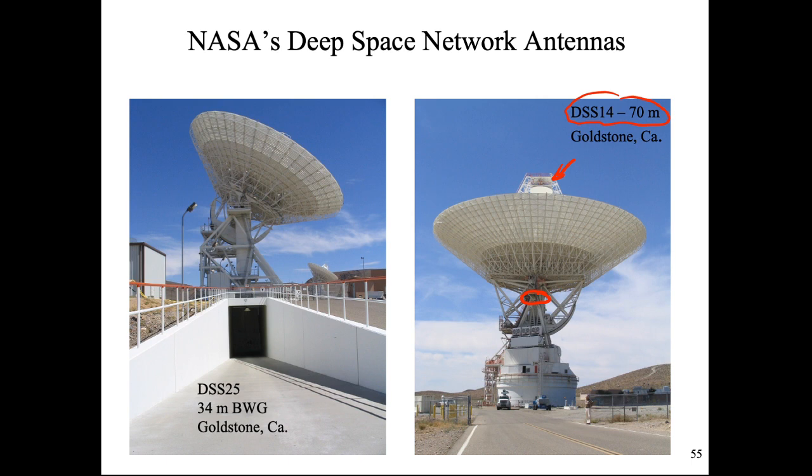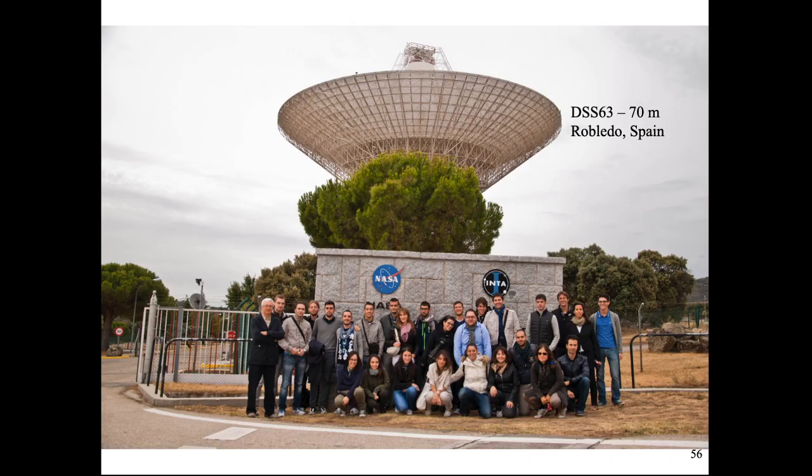It is called DSA3 Malargue. Okay, so the longitude between the Madrid antenna and the Malargue antenna is not close to 120 degrees. It's about 70 degrees, not optimal.